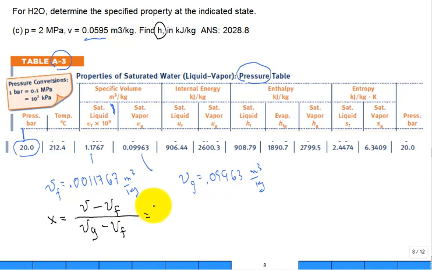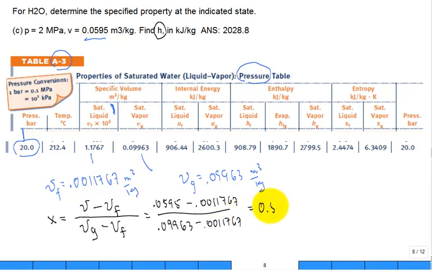Our given V 0.0595, subtract 0.001167, over 0.09963 minus 0.001167. When you run this, you should get a number that's between 0 and 1. In this case, it's 0.5924. Save all the digits in your calculator. It's between 0 and 1, so that's good.